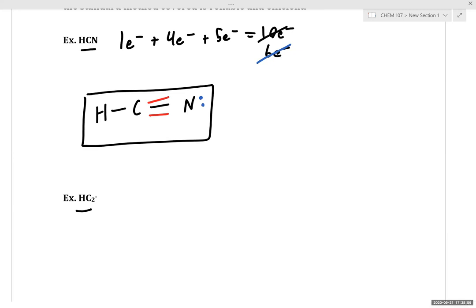So let's take about 3 to 4 minutes on the following example. Let's try to draw a Lewis structure for the acetylide anion, and let's try to assign some formal charges in this structure.